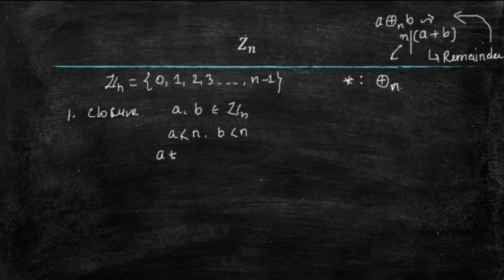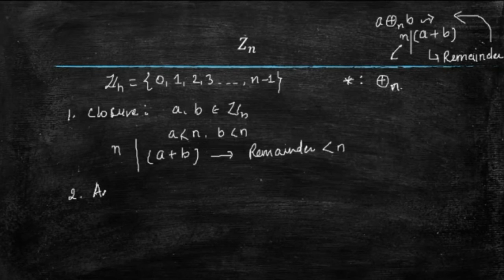You add them, and then you divide this number by n, because ultimately you are applying addition modulo n, and the remainder has to be less than n, by the division algorithm, and hence the closure property. This is not a very interesting way to write the closure property, but you can easily get there. I am more interested in finding the identities and inverses, which is why I am skipping these small steps.